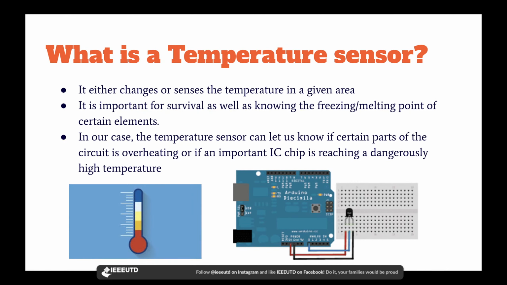It's important to know how to use this because we can know the freezing point and the melting point of a bunch of elements. A main example in our case would be that the temperature sensor can let us know if there's a certain part of the circuit that's overheating or not heating up as much as it should. And if an important IC chip is actually reaching a dangerously high temperature, that's not very good. We don't ever want that to happen. So that's an example of how a temperature sensor could be used.